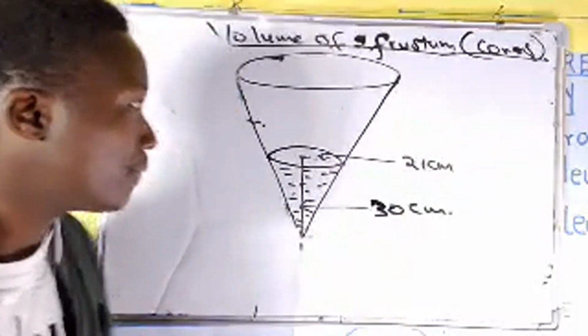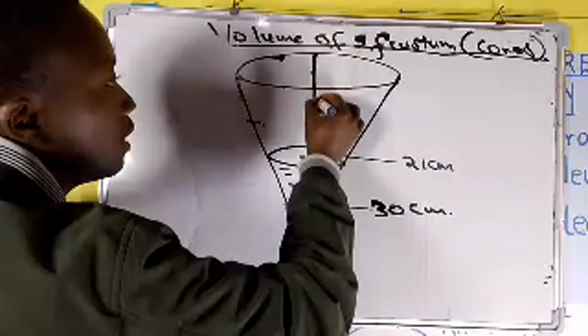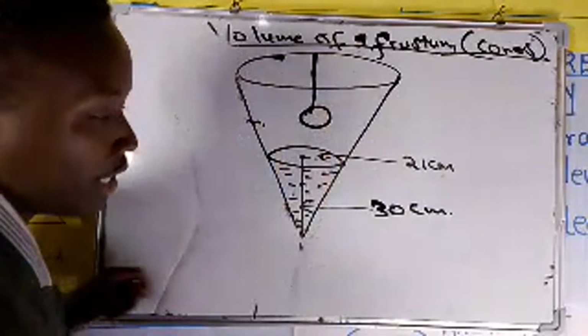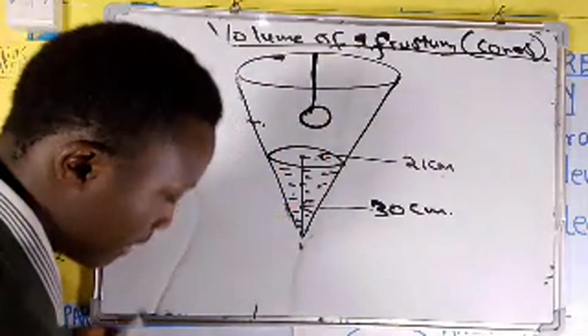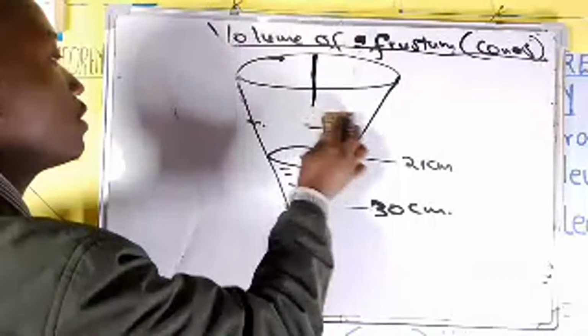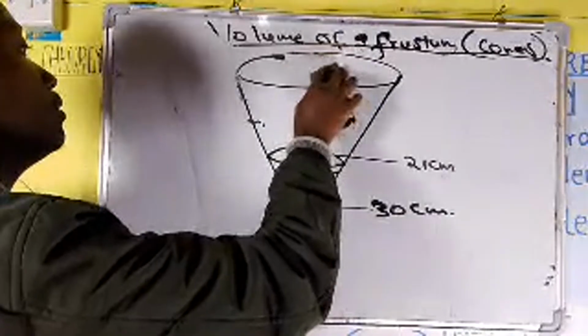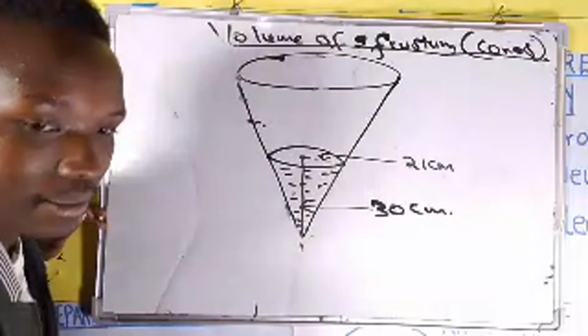Have you heard that? So for example, here above we have a cone, and this cone has a metal sphere. When this metal sphere is dipped inside, the water level is going to rise. Let me now remove this. So the water level is going to rise by 6 centimeters.